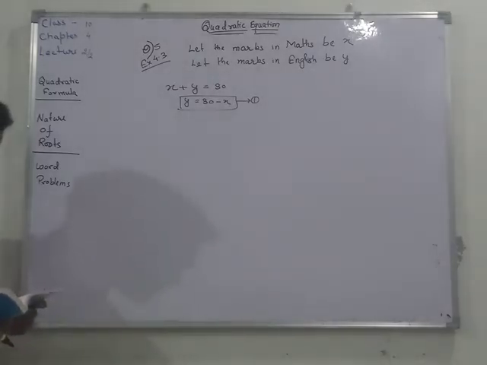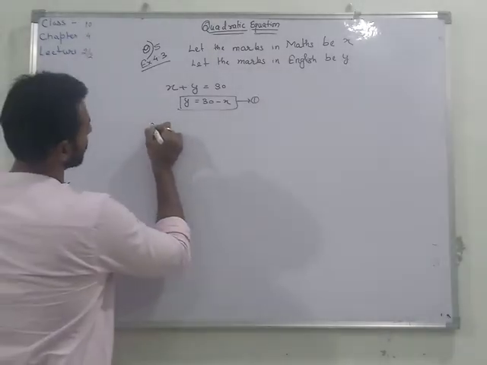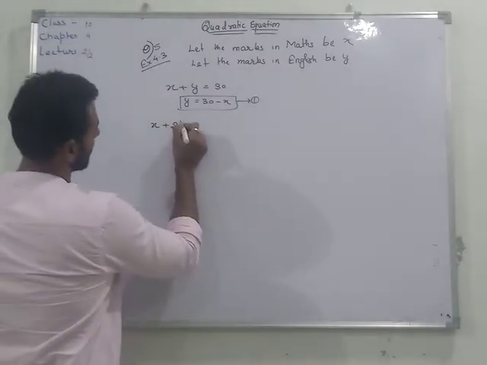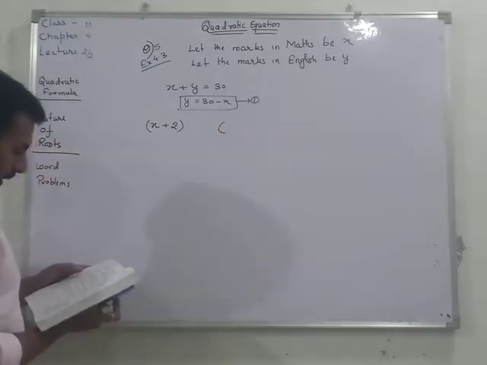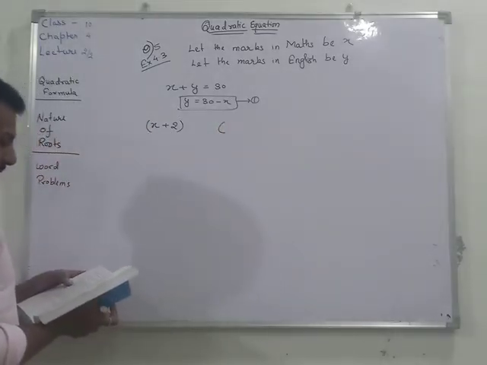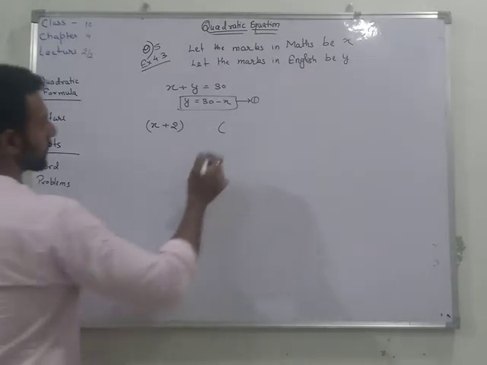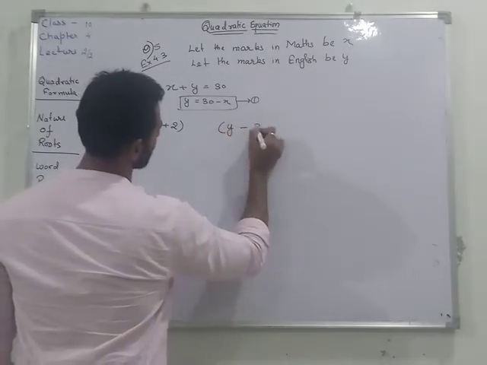Now the second statement says that she got 2 marks more in mathematics and 3 marks less in English, and the product of their marks is 210.